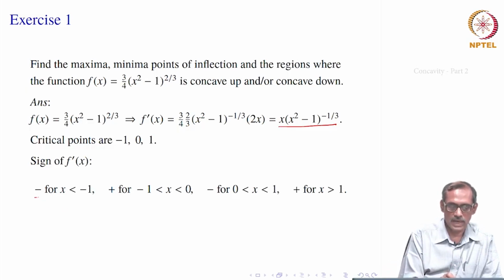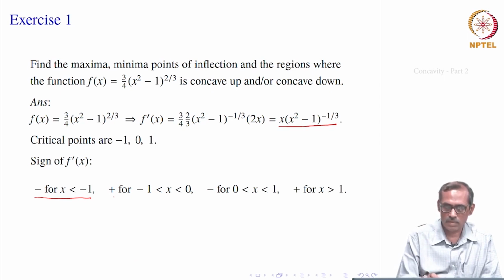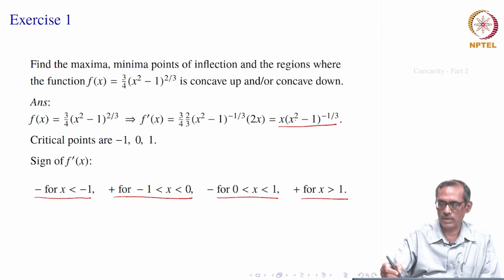So, this is negative for x less than minus 1 and it is positive from minus 1 to 0 and it is negative from 0 to 1 and it is positive for x bigger than 1. So, just see how it is going, or just take, say for 0 to 1, 1 minus something instead of x, substitute and see that it gives you a negative quantity. Similarly, we find this is how it goes.